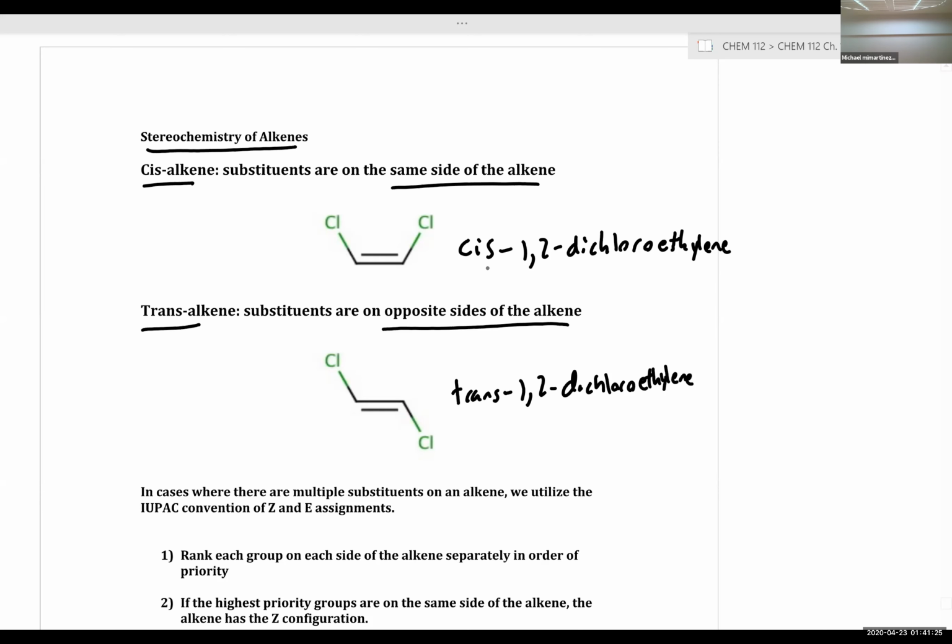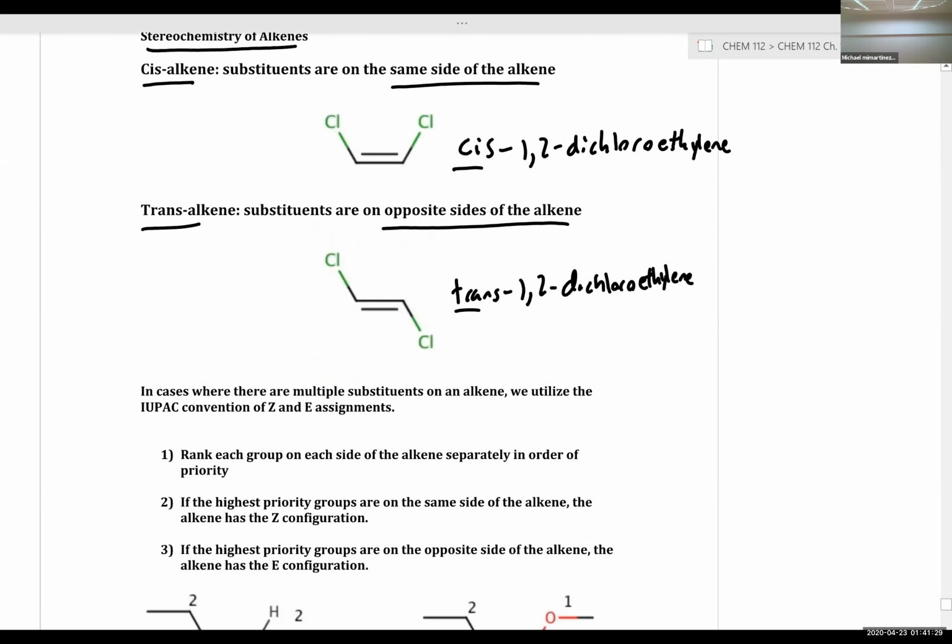So we have cis versus trans stereoisomers. However, in cases where there are multiple substituents on the alkene, we're going to need to utilize the IUPAC convention of Z and E assignments.